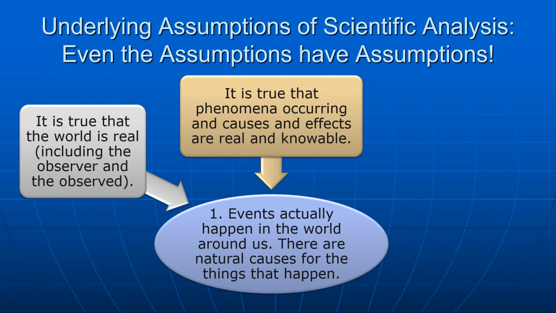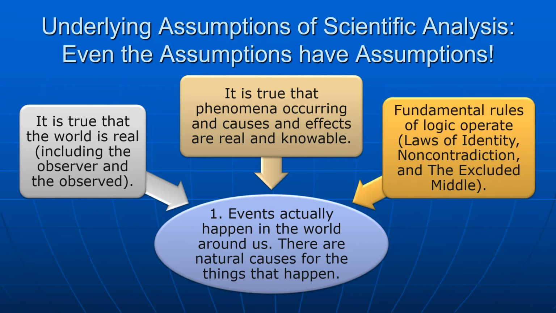And that those causes and effects are real and knowable. Not that they're imaginary or unknowable. There are some things that we don't know, fair enough. But that's not the same thing as the stuff that we can never know, right? So an underlying assumption of the first assumption is that phenomena are happening, and that causes and effects are there, and that we can know about them.